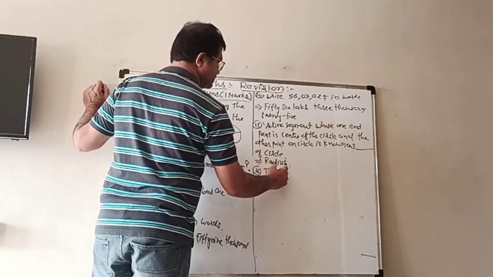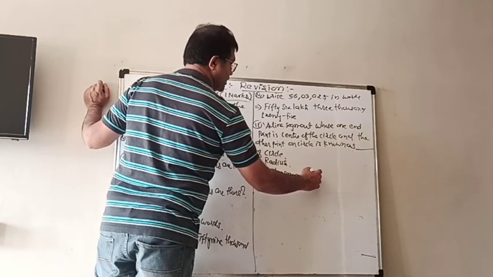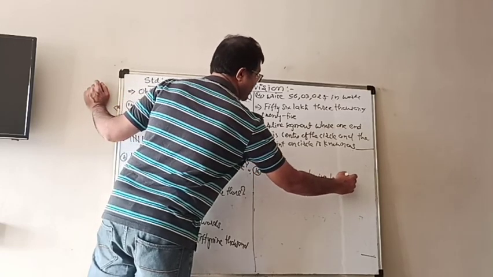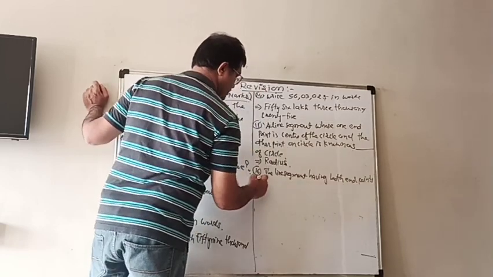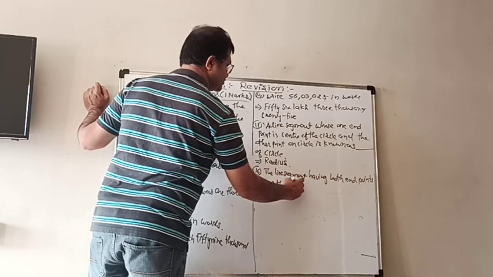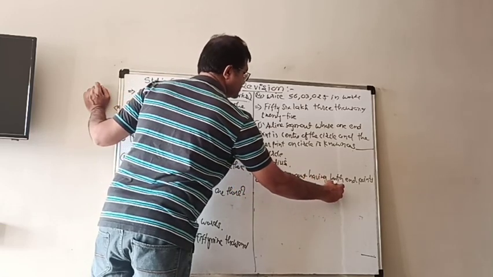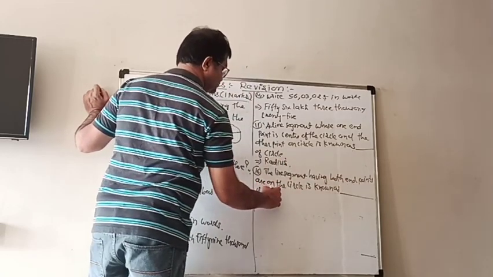The line segment having both endpoints on the circle is known as dash of a circle.